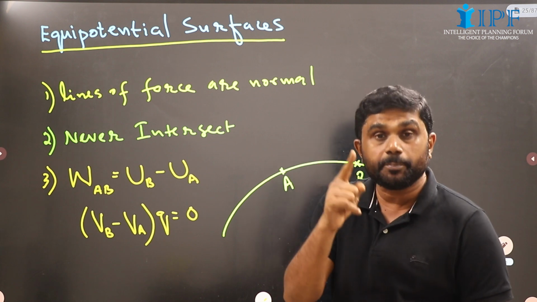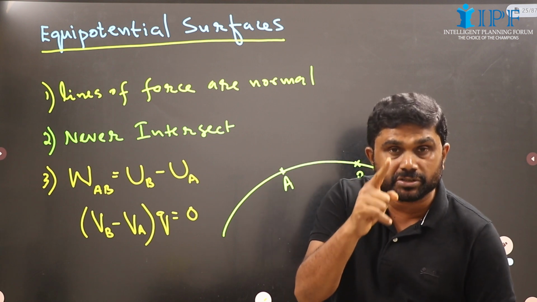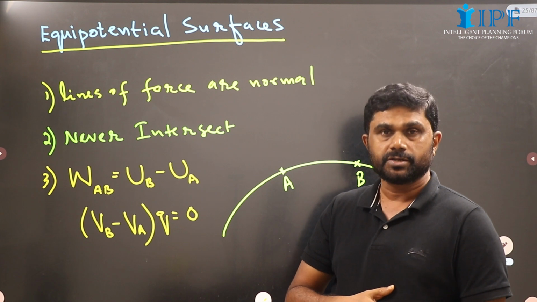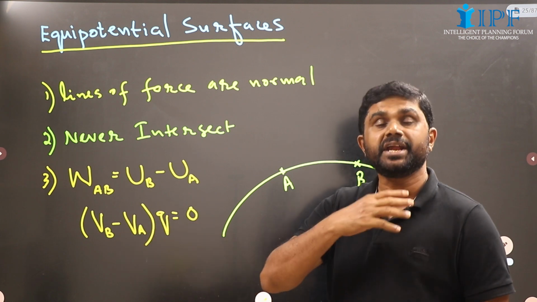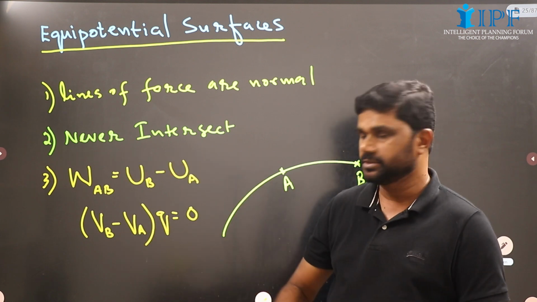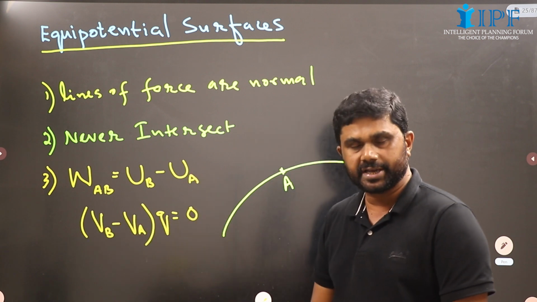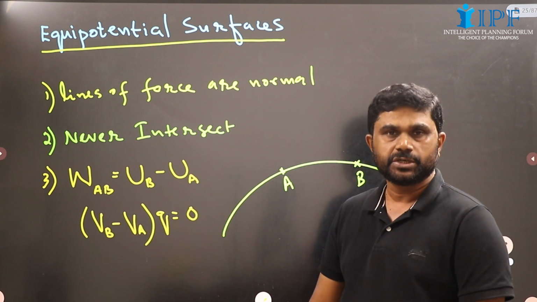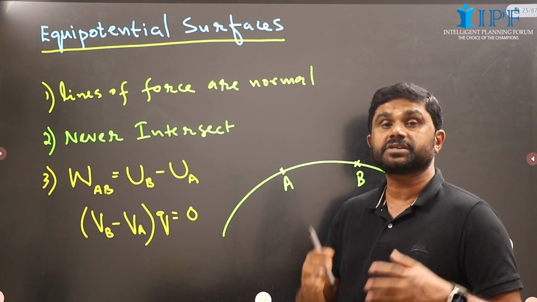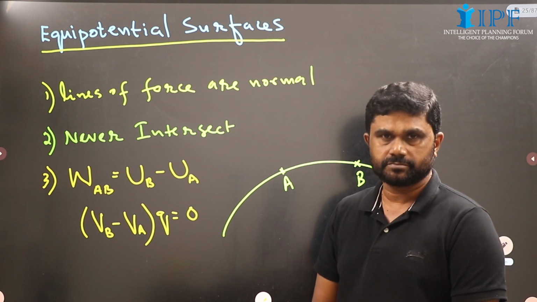As this is an equipotential surface, everywhere on that surface the potential will be the same. So if A and B are any 2 points on the surface, potential at B will be equal to potential at A, so the work done will be 0. These are the properties of equipotential surfaces.